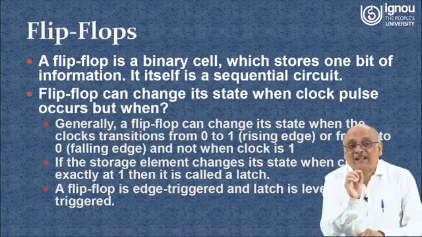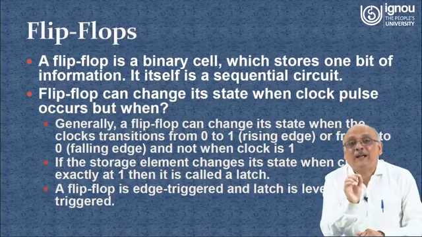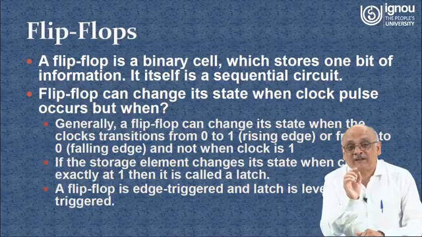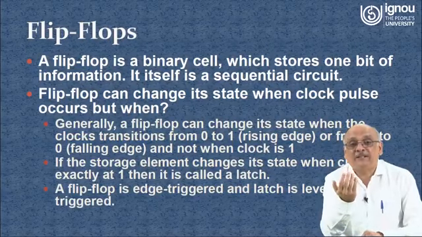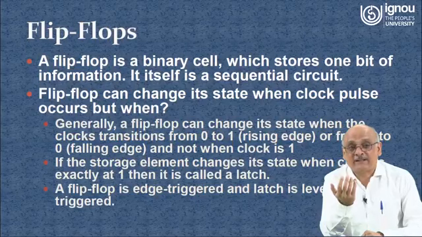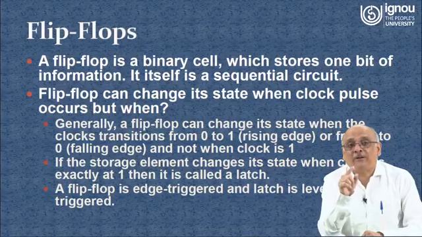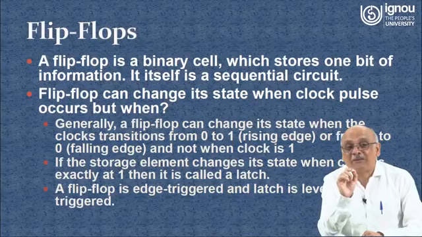And flip-flops are the elements which store the value of a binary cell. In this particular flip-flop, a binary state or value can be stored. That is how we represent a flip-flop. So a flip-flop is a binary cell which stores one bit of information. So remember, your RAM cell is going to be a flip-flop.